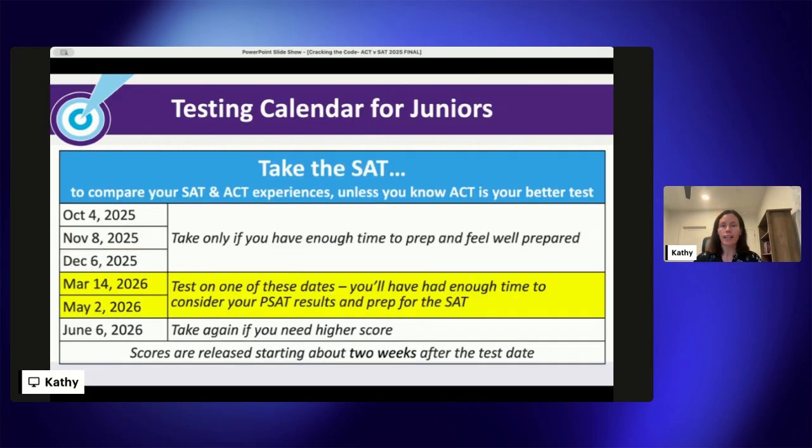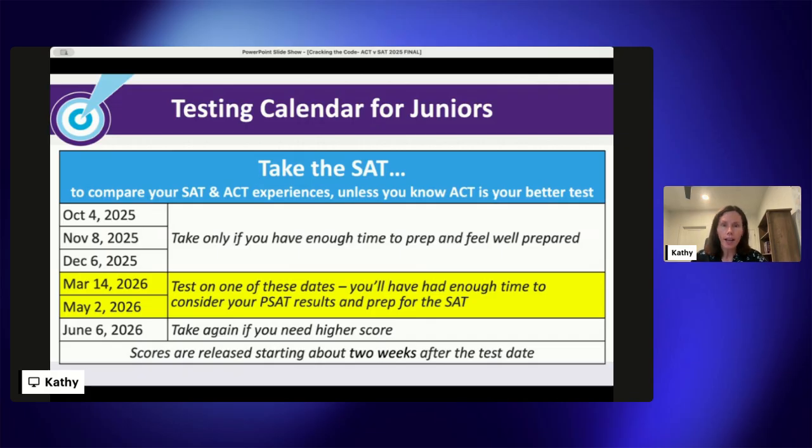Now, what about the SAT? So again, many juniors are probably not going to sit for a late fall, early winter SAT. We only recommend sitting for this test if you have enough time to prepare. By the way, I didn't mention it yet, but the ACT does allow you to cancel your scores at any time, even after you get your scores back.